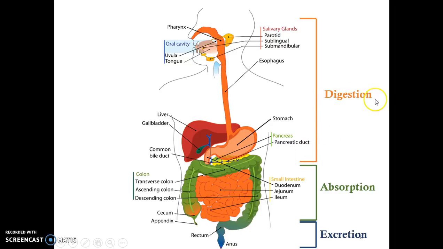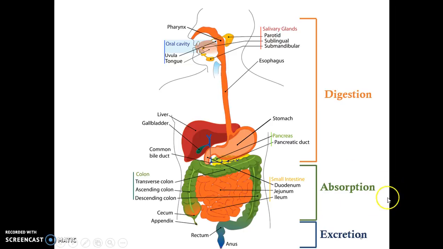So we have first digestion. And this occurs starting in your mouth, actually, and then continues all the way down into the stomach and even some digestion occurs in the first part of that small intestine. Absorption of nutrients from our food occurs in the intestines, both small and large, but primarily in the small intestine.